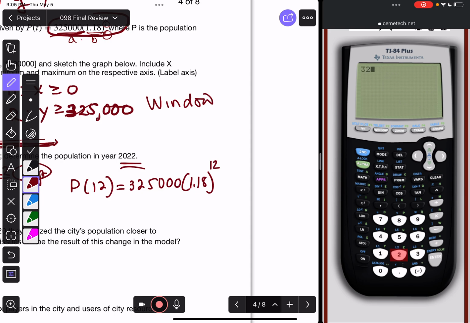It's 325,000 times parentheses 1.18, in parentheses, raised to the 12th power. All right, in 12 years, the population is going to be 2,368,467.6. We'll just leave that as 0.7 people because we won't have really a 0.6 of a person, so it wouldn't be wise to round that up.